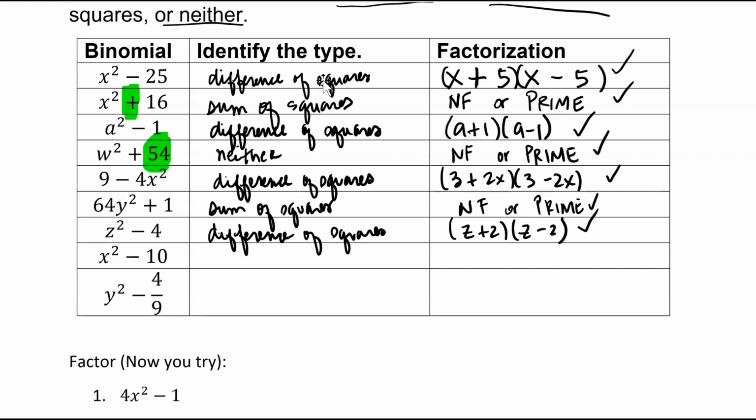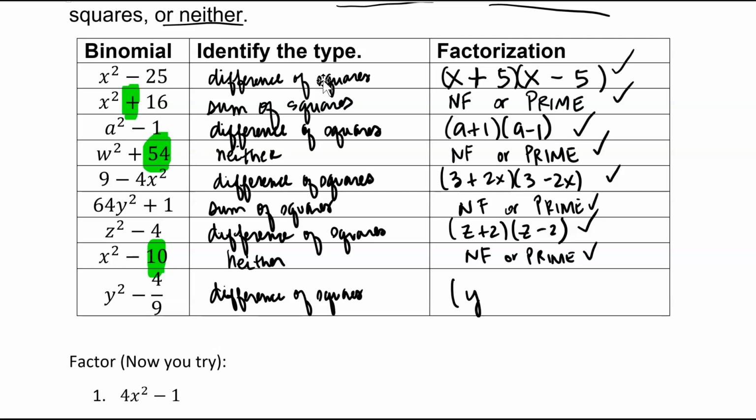And again, you can always FOIL it out. X squared minus 10, another trick one. 10 is not a perfect square, so I can't call this a difference of squares. So neither, non-factorable or prime. Next, y squared minus 4/9, another tricky one, but it is a difference of squares if you understand fraction rules.